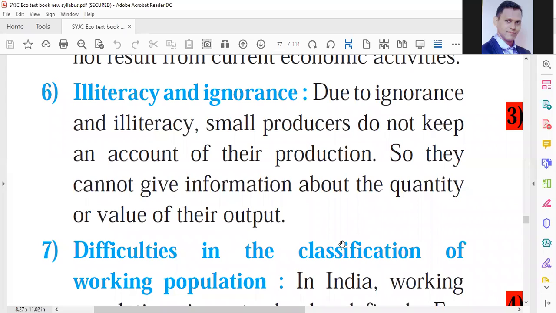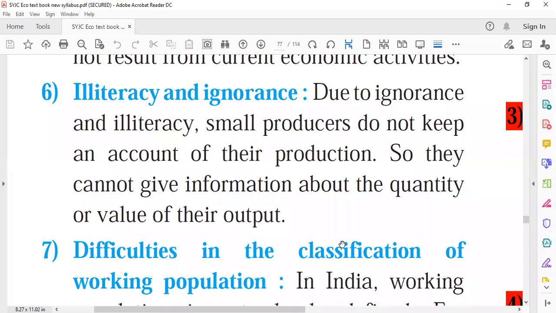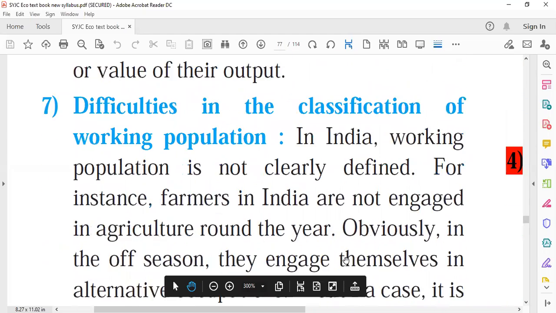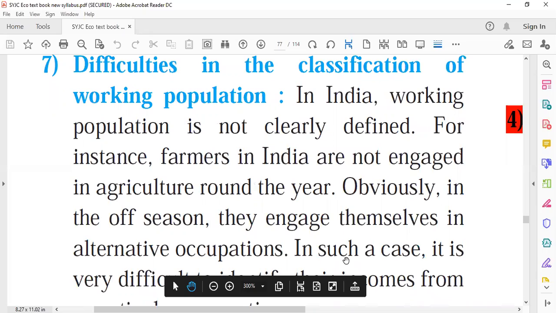We can see that small vendors, like the vegetable seller in your area, many of them are illiterate. Because of that they don't have the knowledge of accounts, and they are not able to maintain the record, and therefore we are not able to calculate the exact value of income earned by such people, and we are not able to calculate the value of national income.